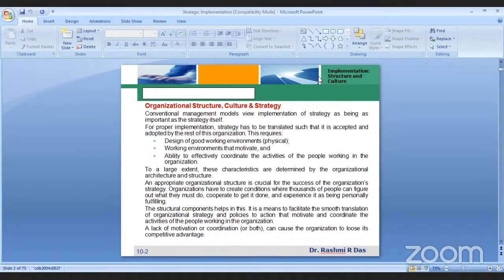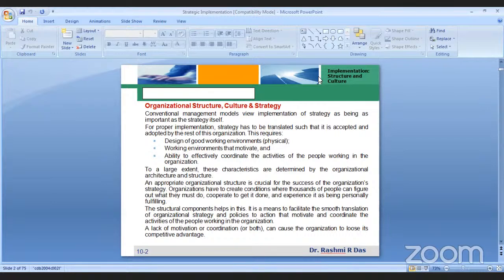So one has to think about the design of a good working environment so that people will enjoy their workplace. If people come with high motivation to work, they will produce high output if you have designed a good working environment for them, one that motivates people to work for a longer time and sit at a particular place. If they do not feel comfortable, they are not motivated to sit.